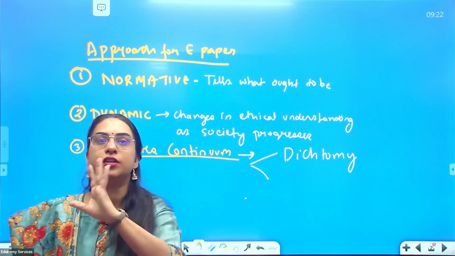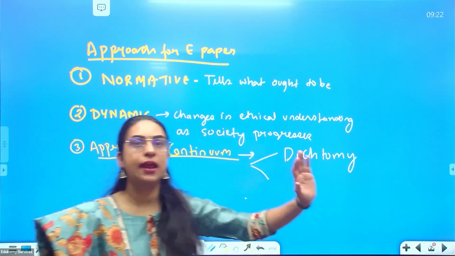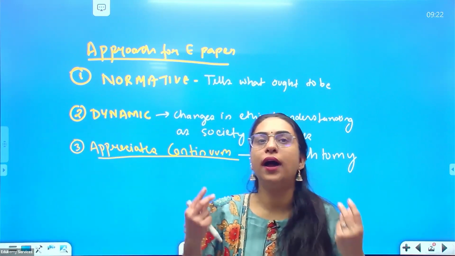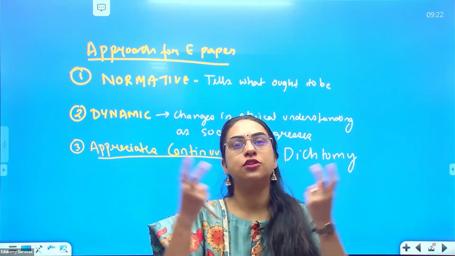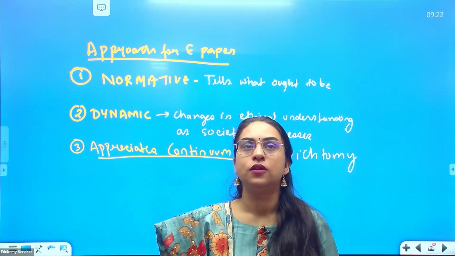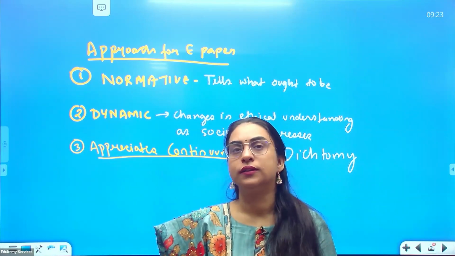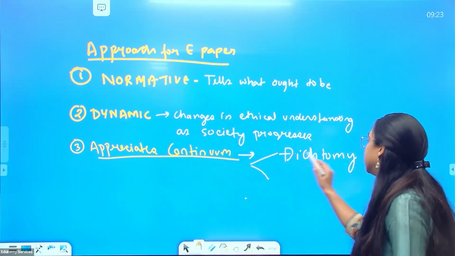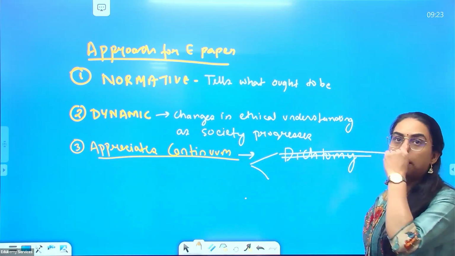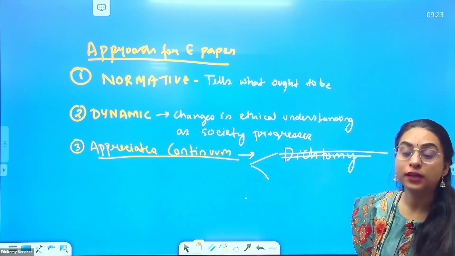Dichotomy means black and white. ठीक है, ये रहेगा या वो रहेगा. There are two ideas which are so contrasting to one another that they cannot exist together. That is dichotomy. Ethics dichotomy में believe नहीं करता है. It is not black and white. It has to be gray.